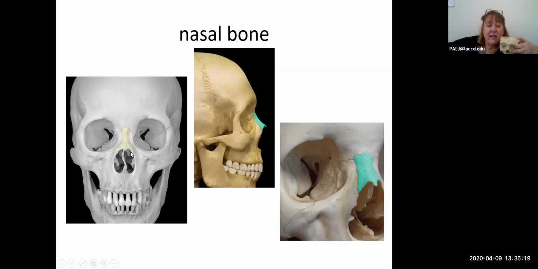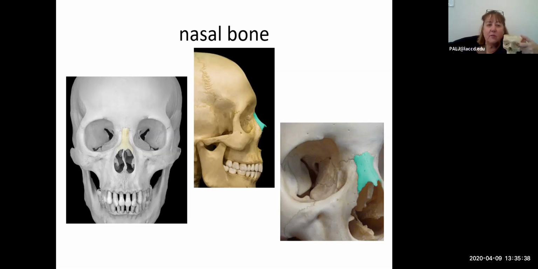And in fact, if you look at this skeleton on the far left, you can see that his bony septum is not straight. It's quite crooked, indicating that this skeleton did have a fracture between the vomer and the perpendicular plate at some point.